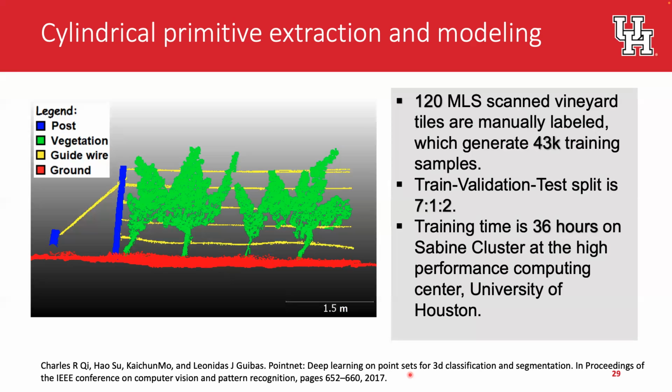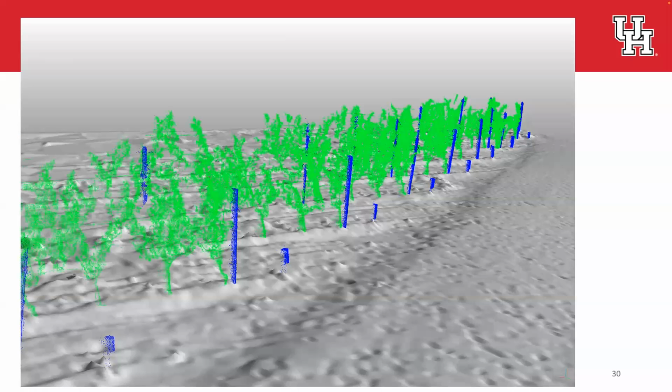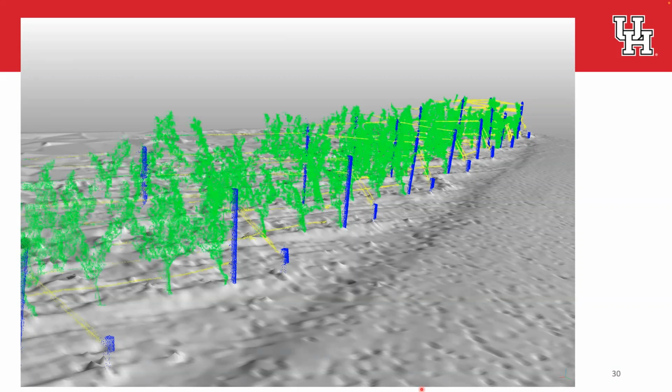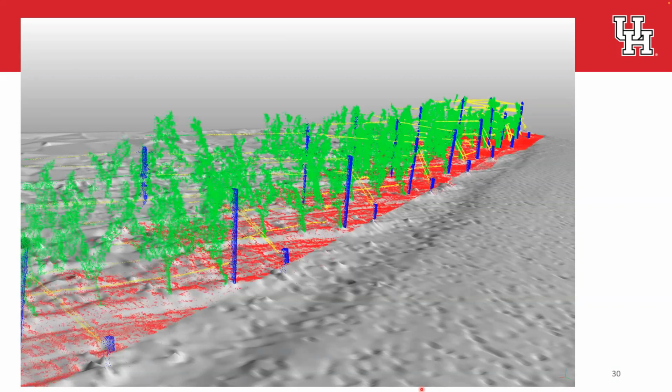And so on the next slide here, I'll show a 3D model. We start with just the posts that were extracted from the machine learning, then the vegetation, and then the guide wires and ground wires, and then the ground underneath.